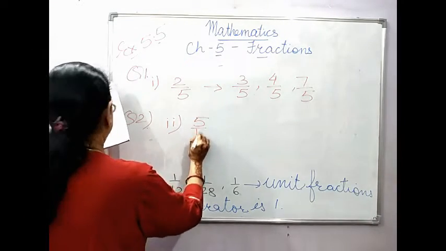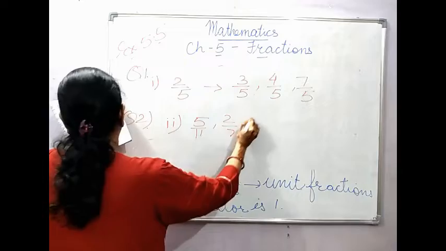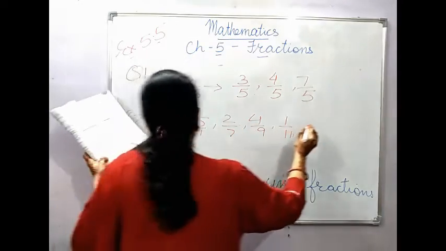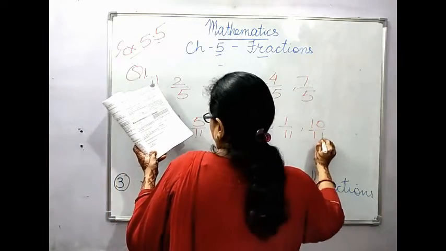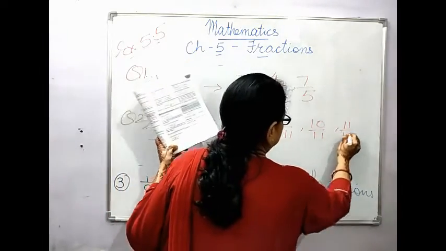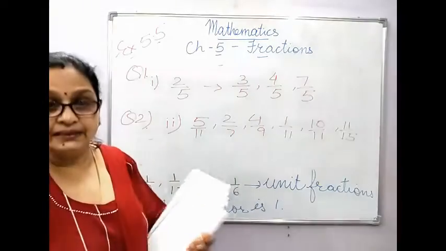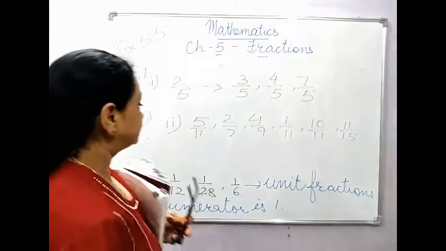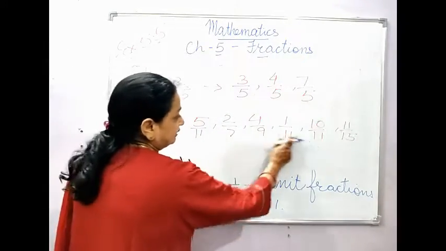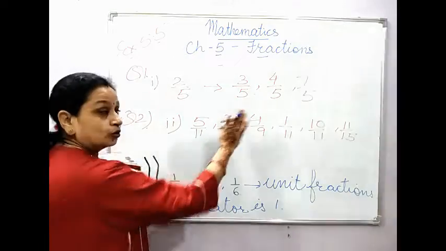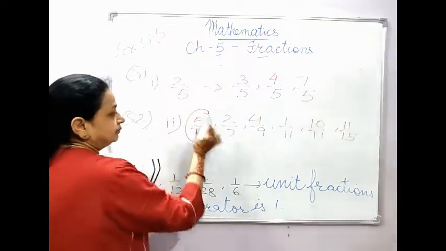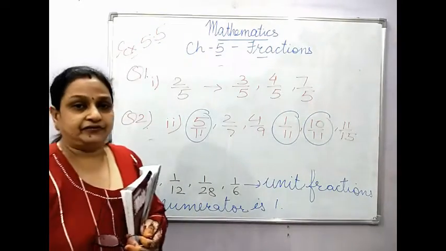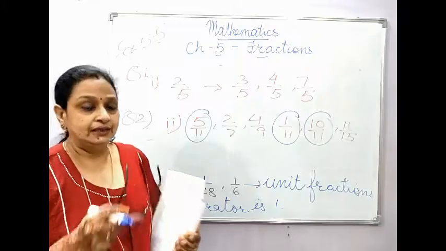It is 5 upon 11, 2 upon 7, 4 upon 9, 1 upon 11, then 10 upon 11 and 11 upon 15. Like fractions means the same denominators, and only 3 of these have the same denominator. Don't go for the numerator. So this one, this one and this one are the 3 like fractions. In the same way you can do the other sums.